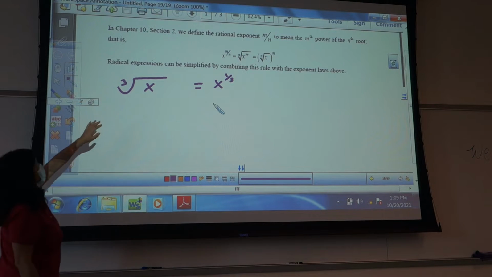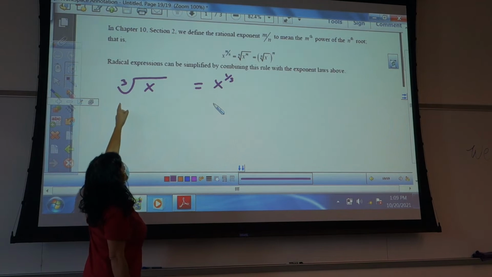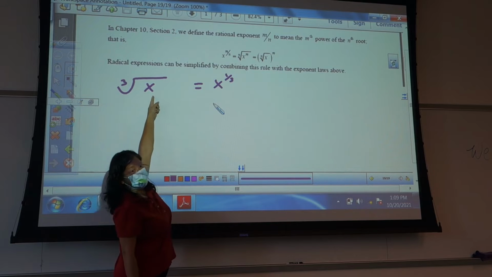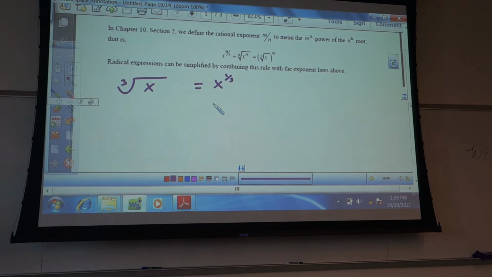What it means is, what number multiplied by itself 3 times gives me x. So if I had this multiplied by itself 3 times, I would get x. That's what that means.